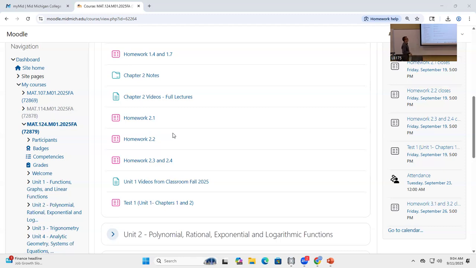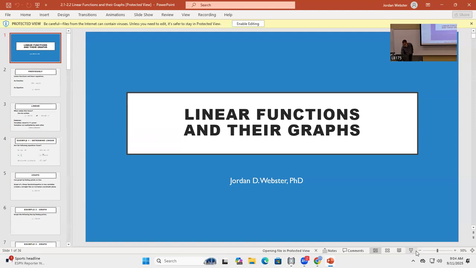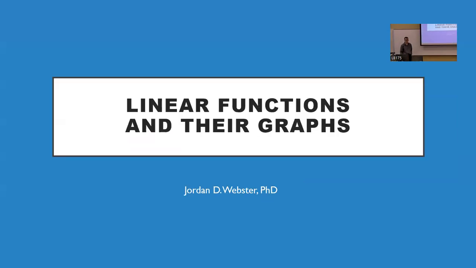Chapter 2 is focused on linear equations, or I should say linear functions. So it's pretty straightforward. We'll probably cover a lot of it fairly quickly, but yeah, just fair warning, okay?